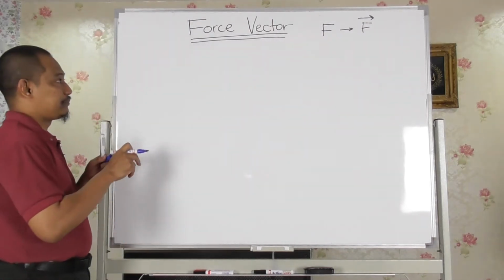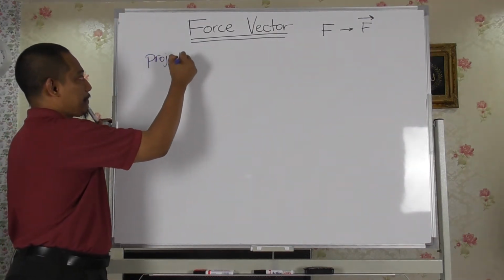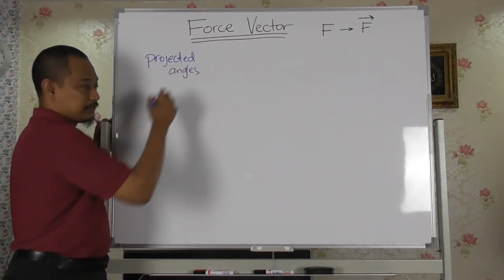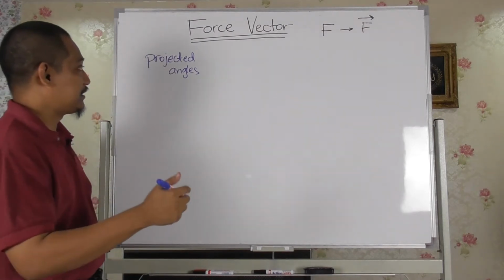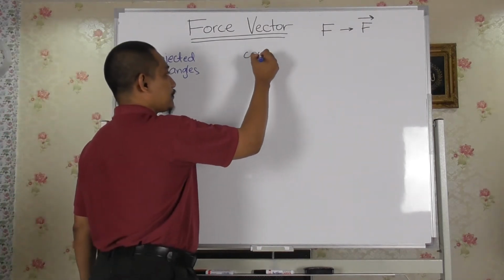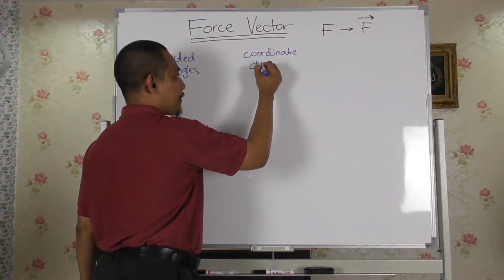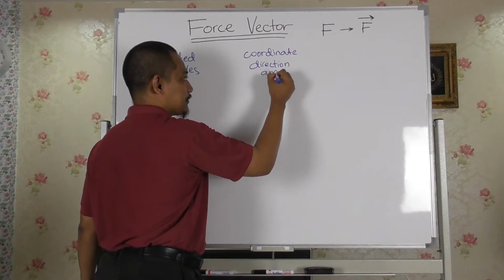The first one might be in terms of projected angles. We'll list this first before we go into more detail. Second, it is coordinate direction angles.